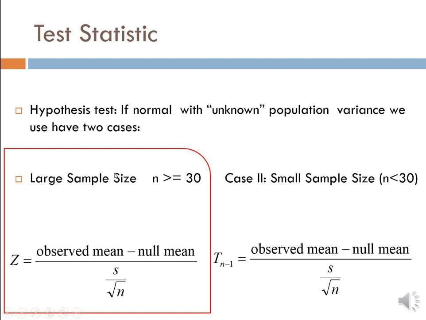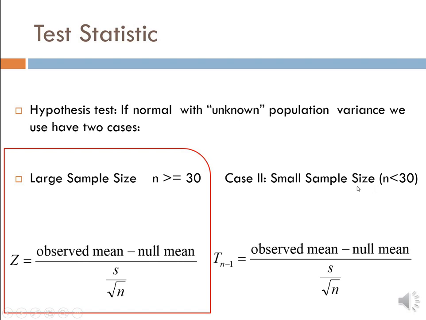Then, based on the central limit theorem, we can equally use the Z statistic, with the same formula, but sigma in the original formula will be replaced with the sample standard deviation, which is S. Why S? Because the population standard deviation is unknown.